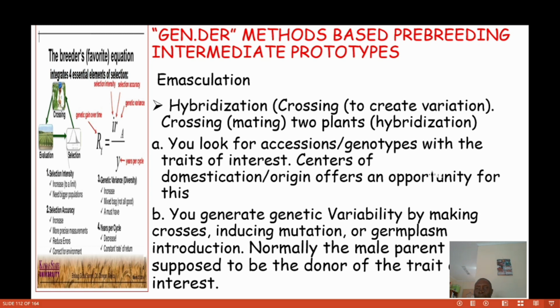So then you have to convert one of those hermaphroditic parents into a male and the other one into a female. You do that by a process normally referred to as emasculation. Emasculation, another word to emasculate is really castration, but we don't castrate plants, we emasculate them.